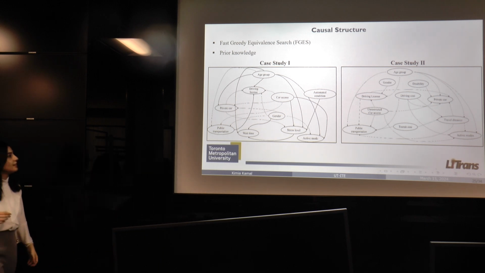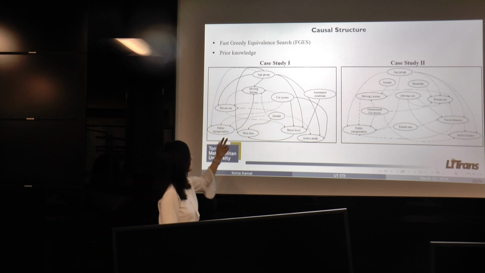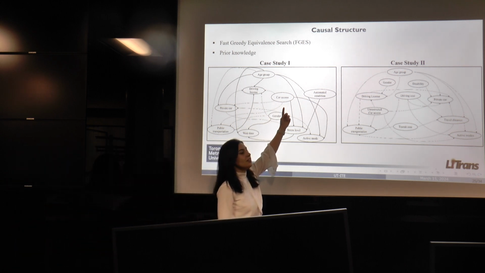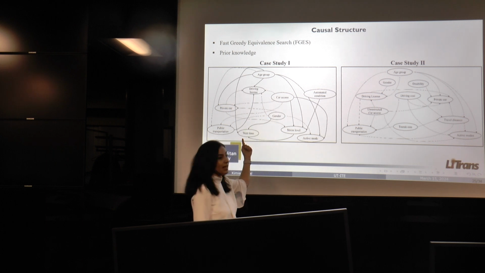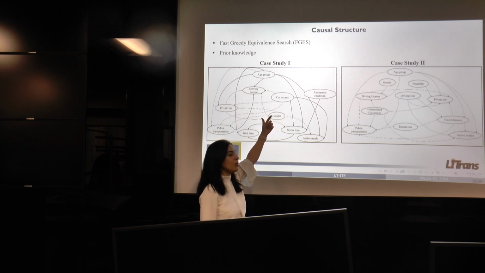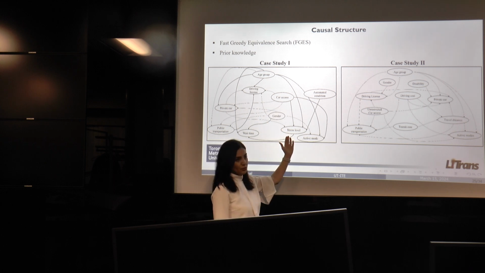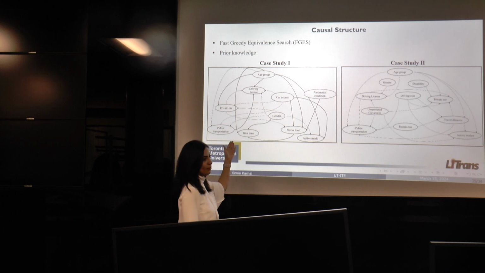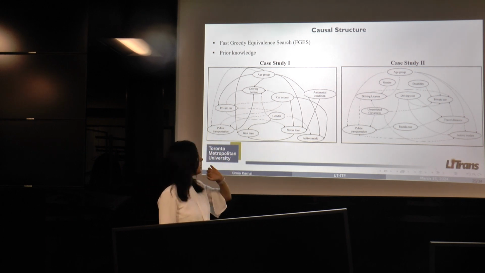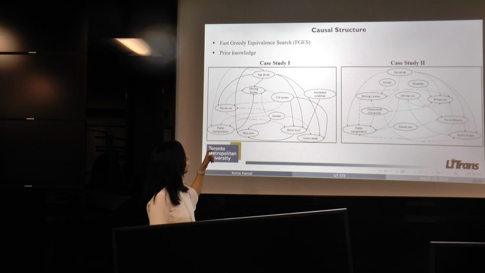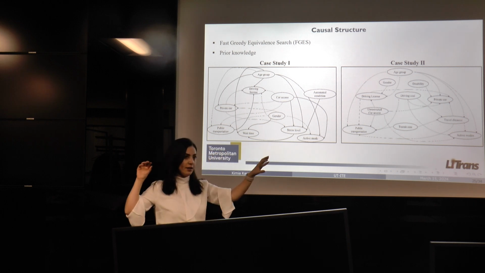Another thing that is very interesting is that, for instance, if you look at car access, there is no direct relationship between car access and waiting time. But the number of cars in the household may affect stress level, and the stress level may affect waiting time. But in typical transportation modeling, we usually condition on all variables.